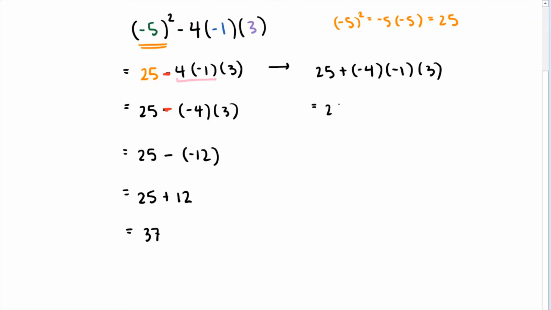And this gives us 25 plus, and now there's a lot less ambiguity for how we should multiply this out. So I'm going to multiply -4 times -1 to give us +4. And then here we still have a multiplication of 3. And then before I perform that addition, I'm going to finish up my multiplication and get 25 plus 12, just like we did earlier, which we saw was +37.